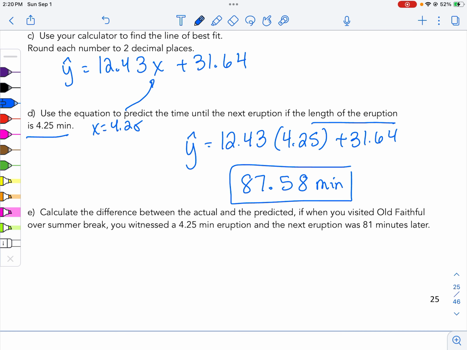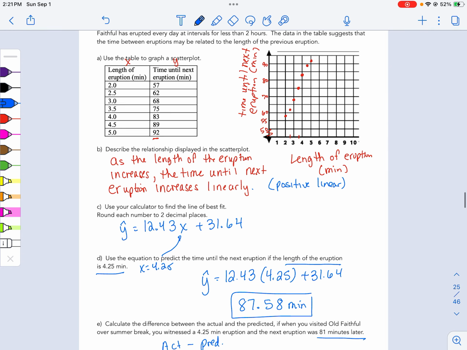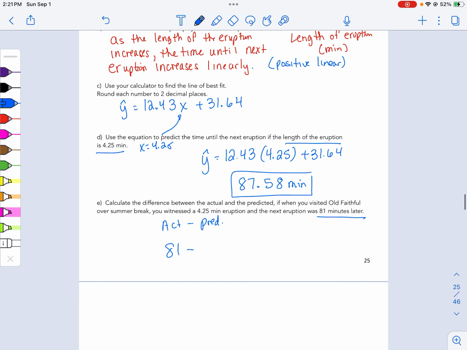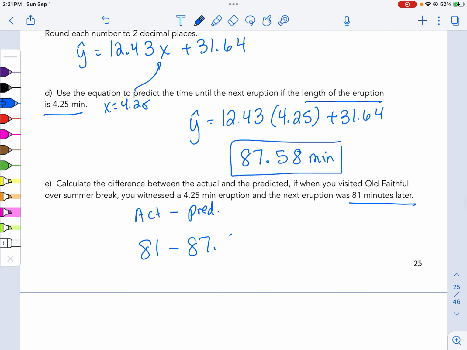And then the last one says calculate the difference between the actual and predicted. So again, we're going to go actual minus predicted. If when you visited Old Faithful over summer break, you saw a 4.25-minute eruption and the next eruption was 81 minutes later, so I'm going to go 81 and subtract the predicted, which is 87.58.